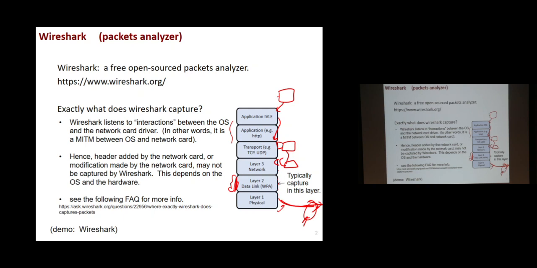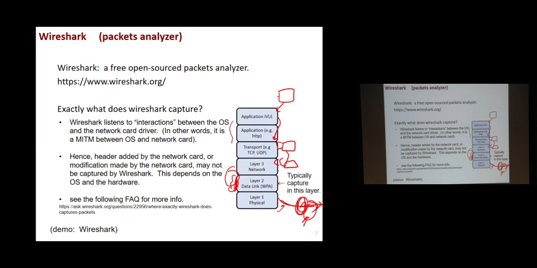So when you use Wireshark right now, what you capture is actually the data before it's being encrypted. It is not the actual encrypted ciphertext that is sent over the air. This is due to a limitation of your hardware, the network card, and so on.